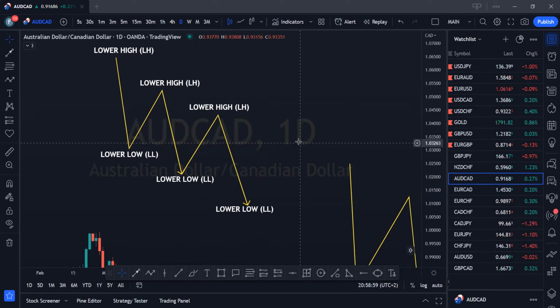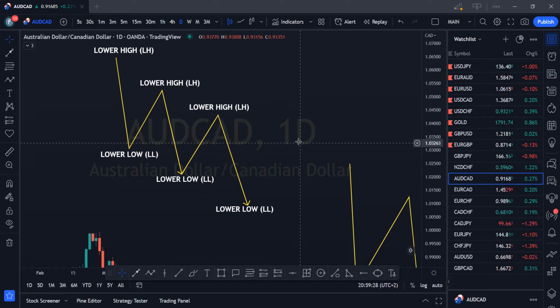So that's why we are trying to figure out how a trend looks like. When price is in an uptrend, you want to be looking to buy at support. When price is in a downtrend, you want to be looking to sell at resistance. It's not really okay if you are buying in a downtrend because you are trading against the trend.